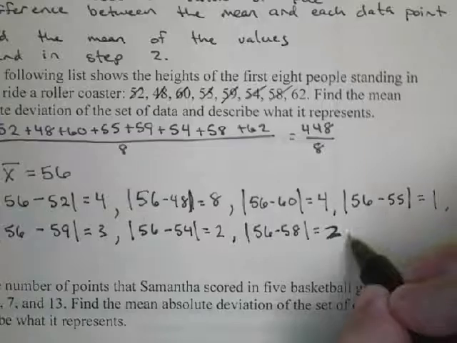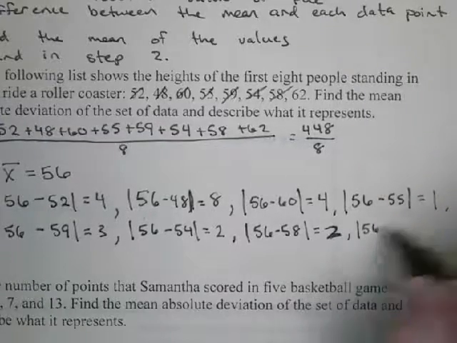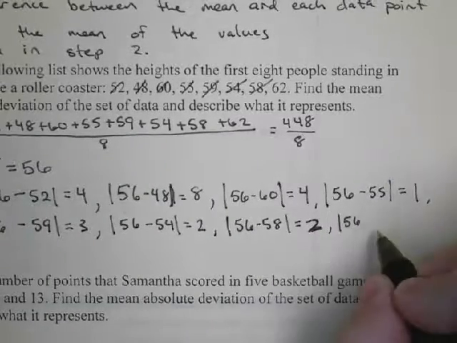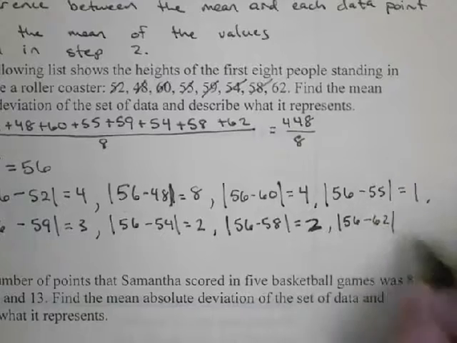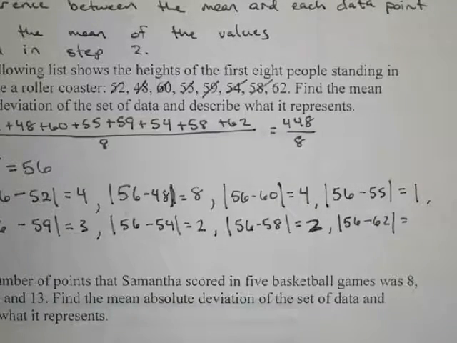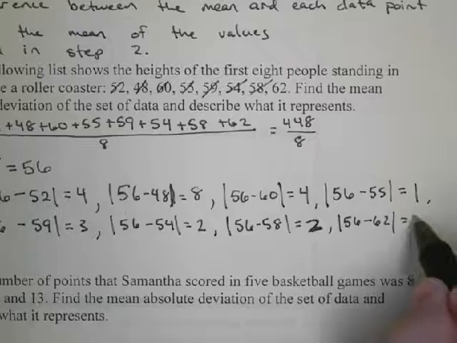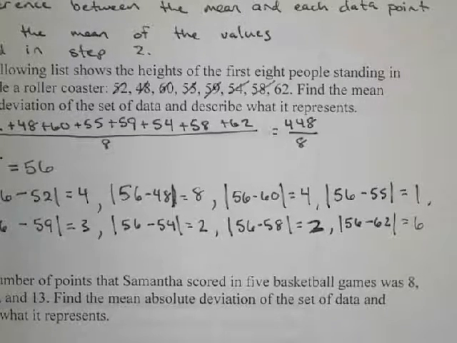And then 1 more left. 56 minus 62 is negative 6, and the absolute value of negative 6 is positive 6, and there's all our numbers.